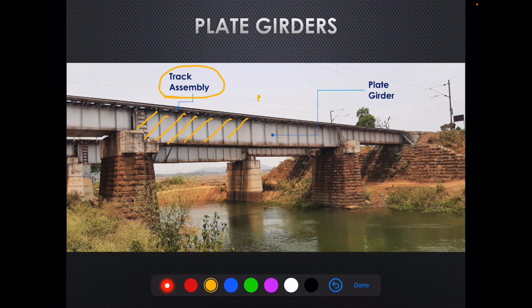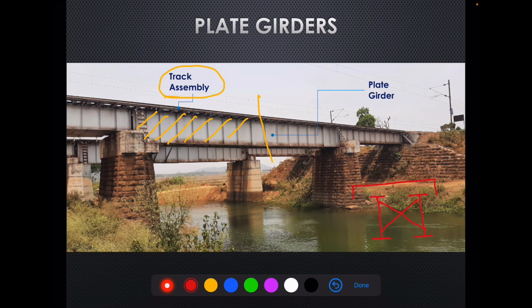If we see its cross section, it is something like this. There are two plate girders interconnected with the help of bracings in the middle portion and diaphragm in the end portion.